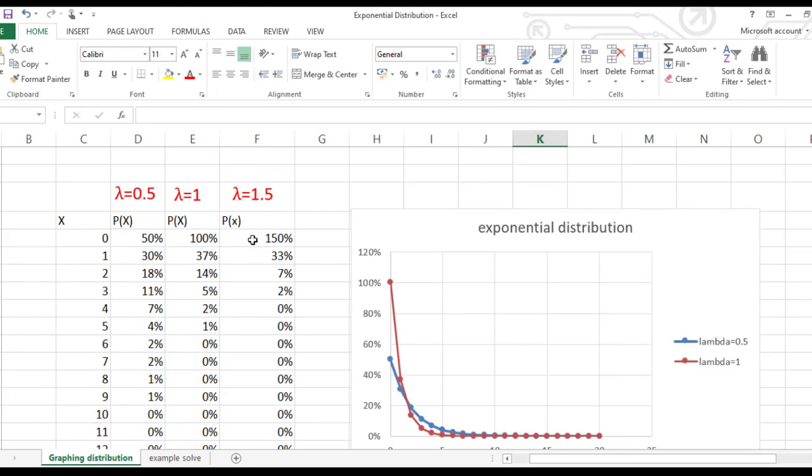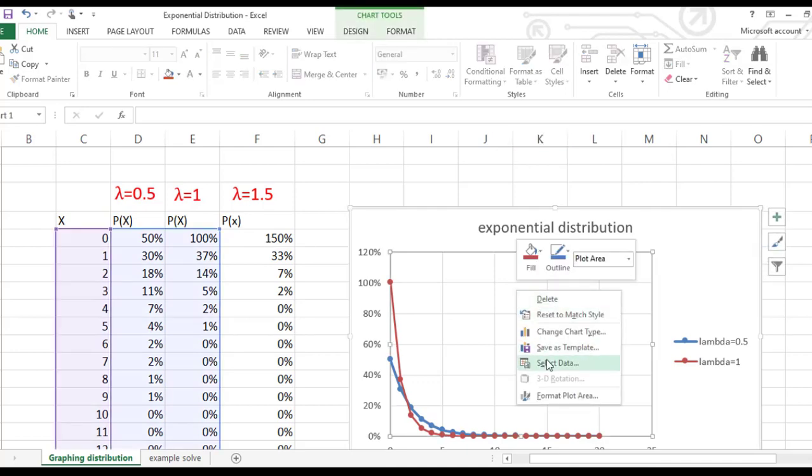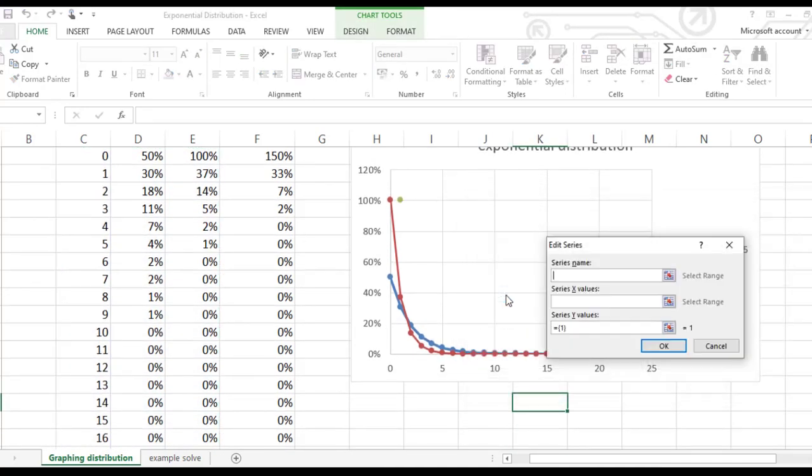Okay, now let me add the third probability distribution graph for the case when lambda equals to 1.5. Okay, so I am using the select data, then I am adding.